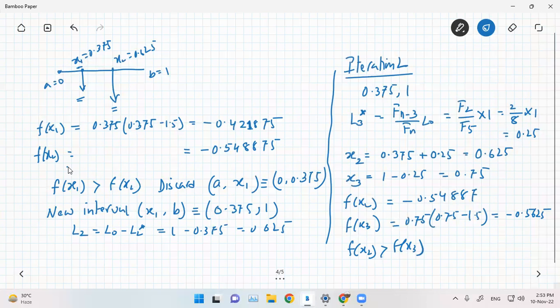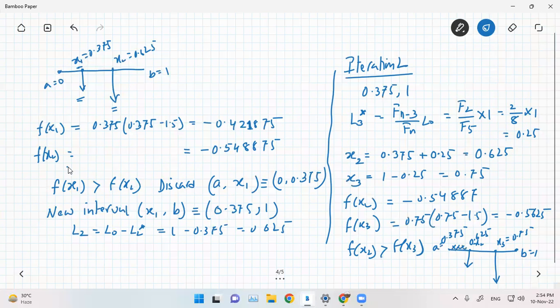So if you plot it, our starting portion was basically here, 0.375. In the middle, we have 0.625, which was x2, and the x3 is 0.75. Then we have our point B, which is 1. So this is new A. As you can see here, this one is larger than this one, so we have to again discard this portion.